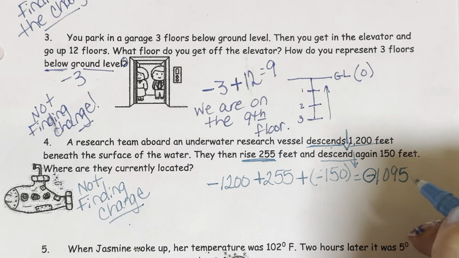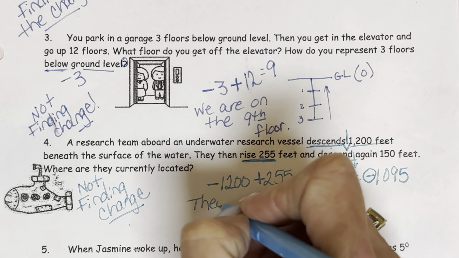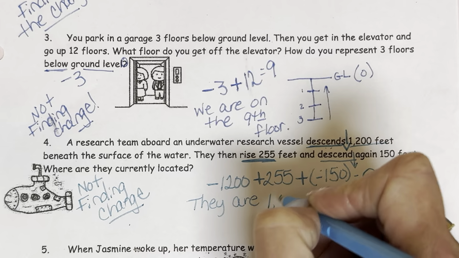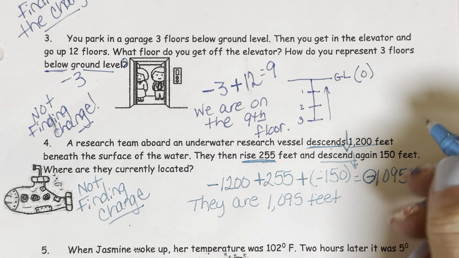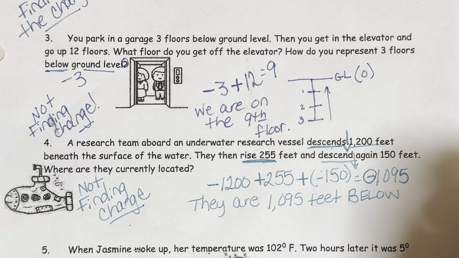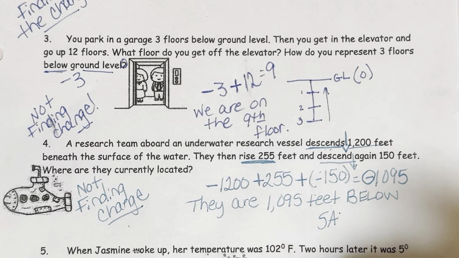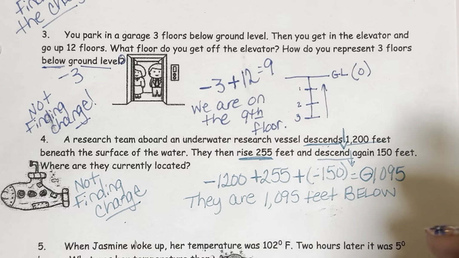So the way this is going to look is they are 1,905 feet below sea level. I know my hand's getting in the way a little bit, and I'm sorry.